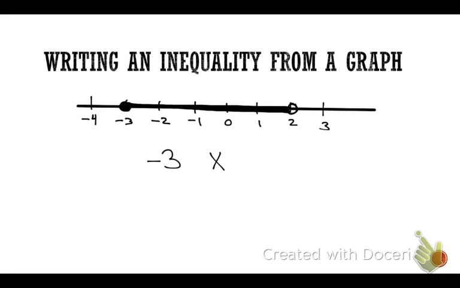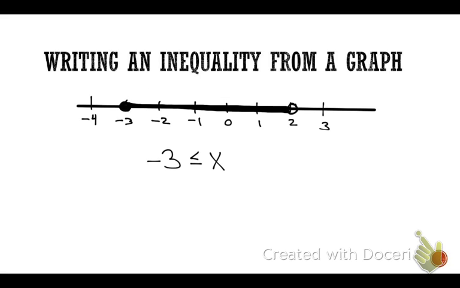And how does x compare? x has to be what compared to -3? x has to be greater than. Now, it is true that -3 is less than or equal to that value, okay? But what we're saying is all my solutions here are going to be greater than -3.